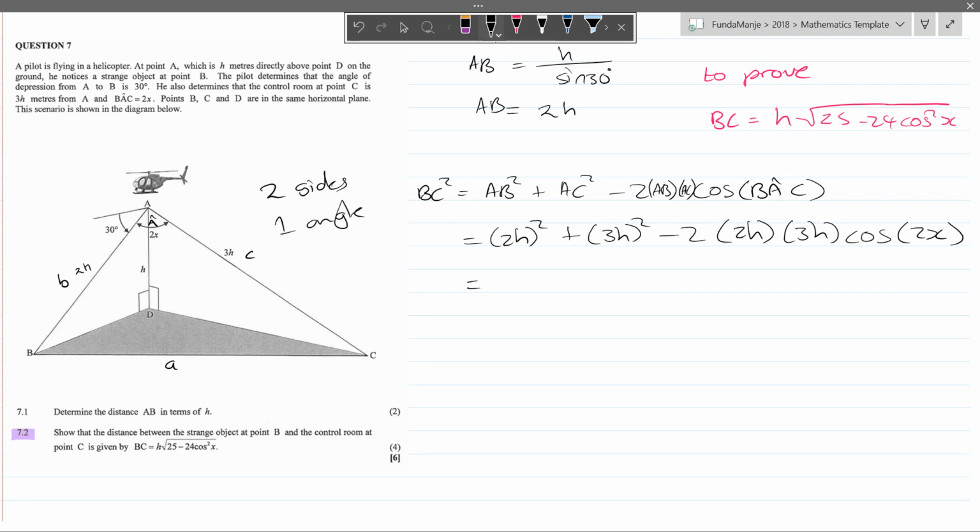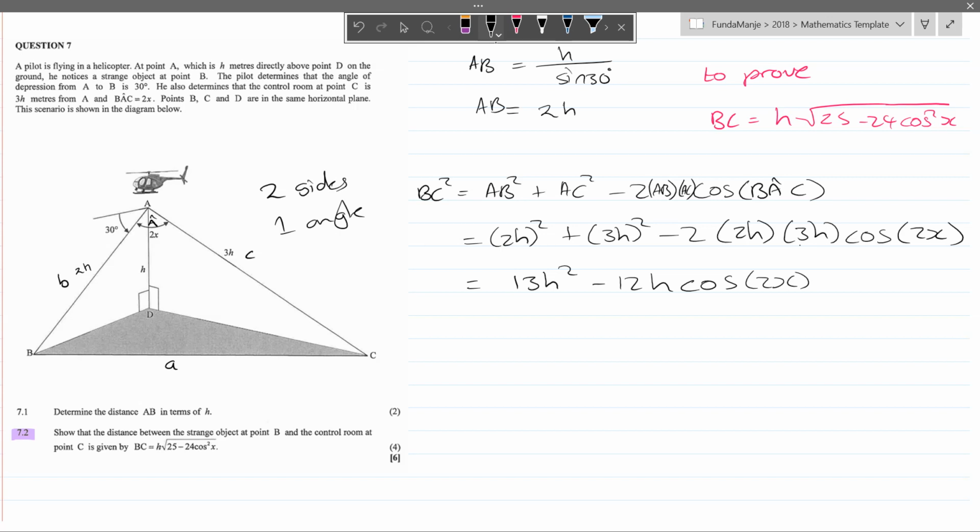Then we continue trying to simplify this. So 2h squared plus 3h squared, that's 4h squared plus 9h squared. That gives us 13h squared minus 2 times 3 is 6h times 2, that gives us minus 12h. And then we still have our cos 2x over here.